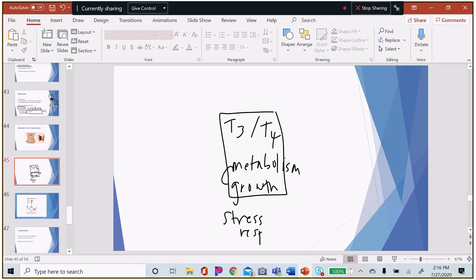So we always have an amount of thyroid hormone circulating in our bloodstream because it's running metabolism. And then sometimes we'll have increases of thyroid hormone related to periods of growth or stress. But there is a normal range of thyroid hormone. And if I have a normal range, then I'm feeling good.